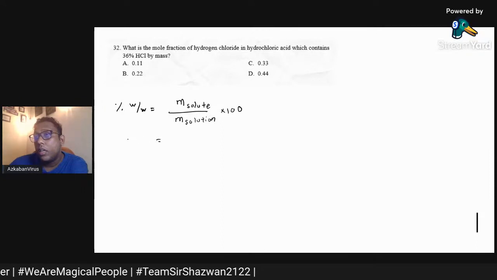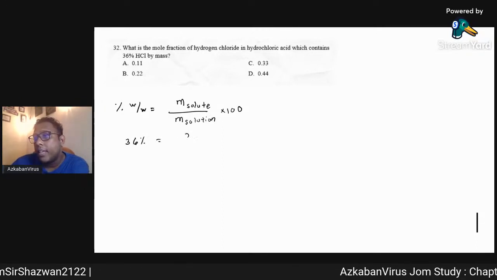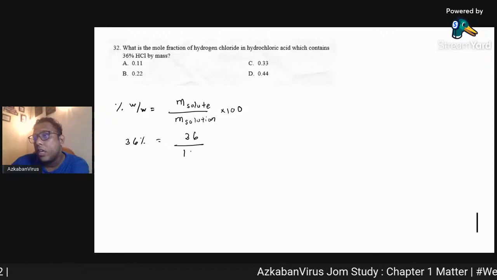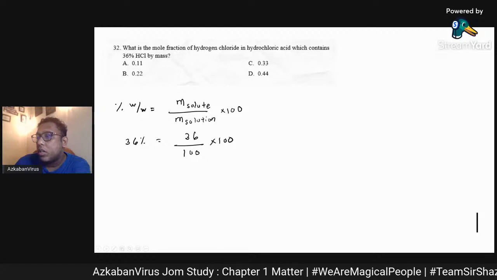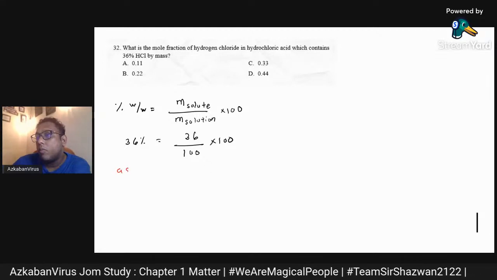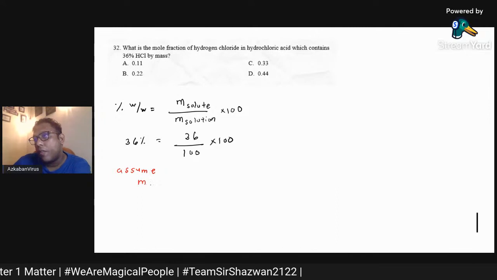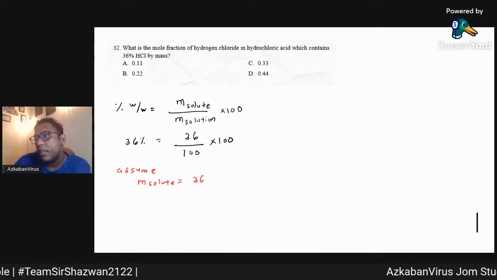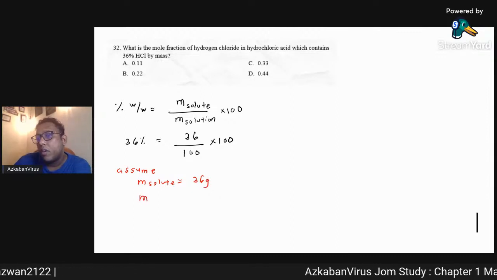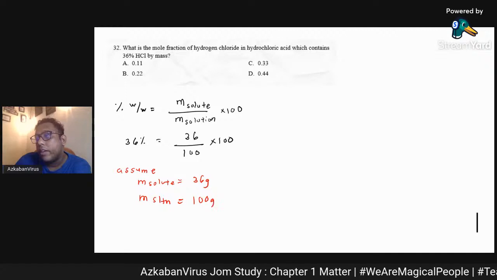So kalau ni adalah 36%, kita dapati bahawa yang atas ni akan jadi 36/100 darab 100. Why? Because I just assume mass of solute equal to 36 gram. Mass of solution is equal to 100 gram.